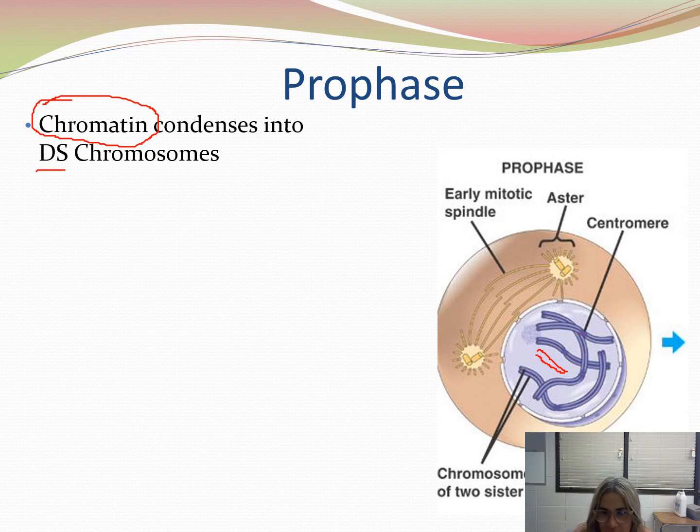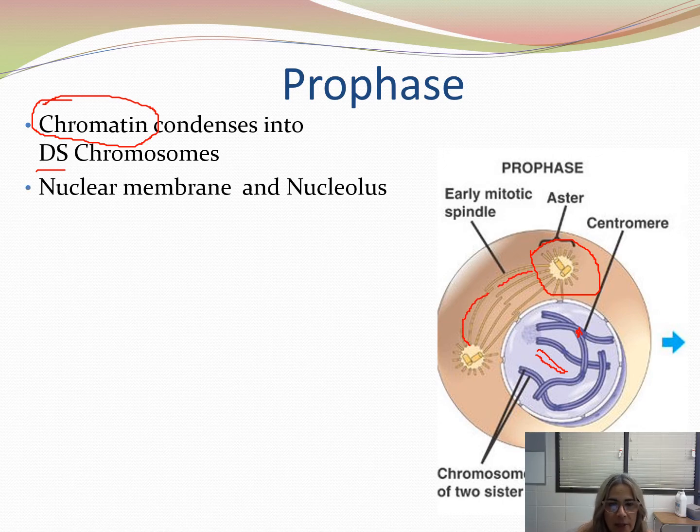And as we learned last time, that little piece where the chromatids are bound together is called our centromere. And then the other thing we have on here that is a little bit new is the aster, and the aster is this structure here that includes the centrioles, which are necessary for cell division. And then you'll notice we have the beginning of these structures called spindle fibers, and they look like little spindles.